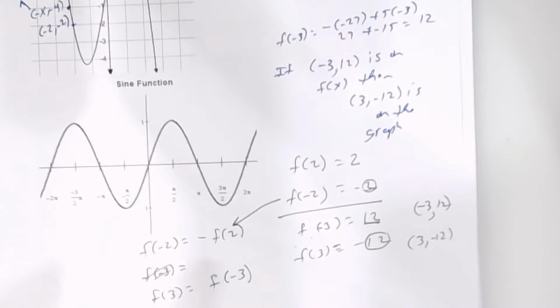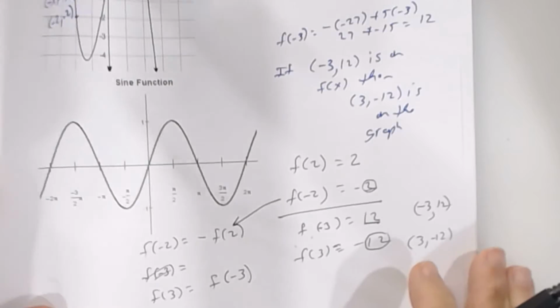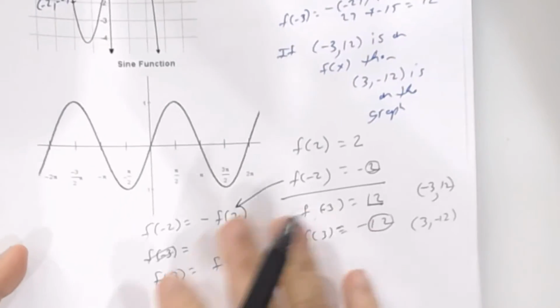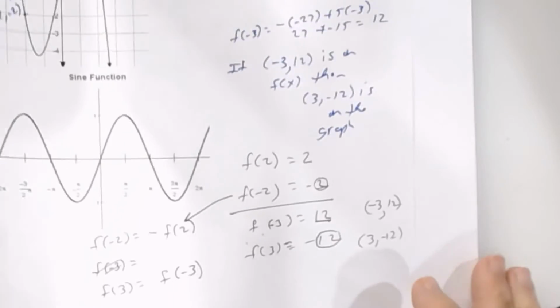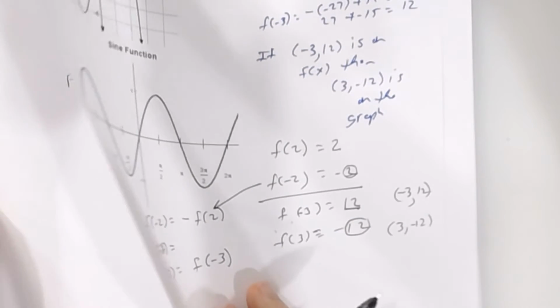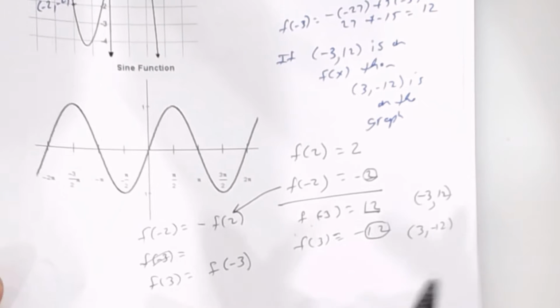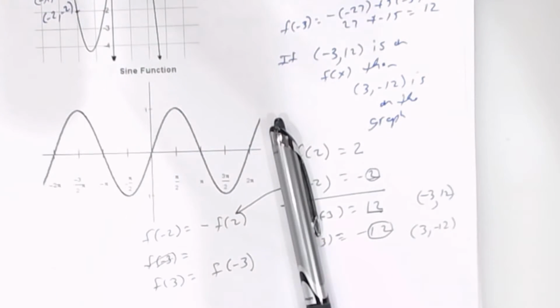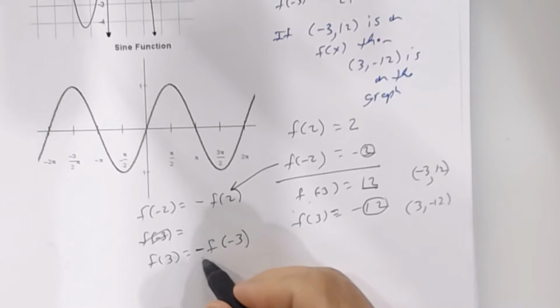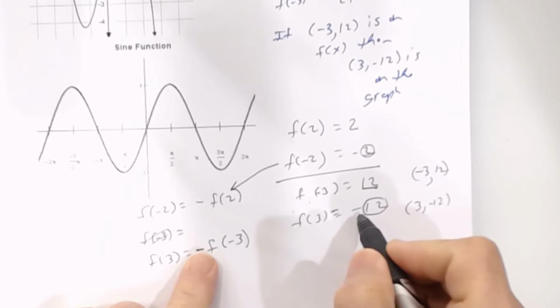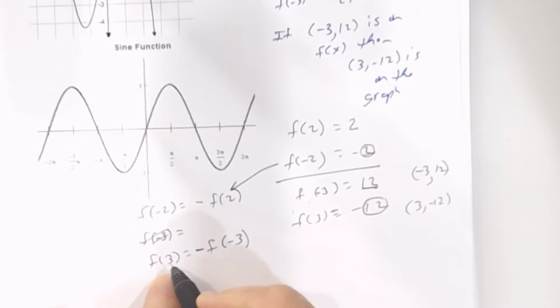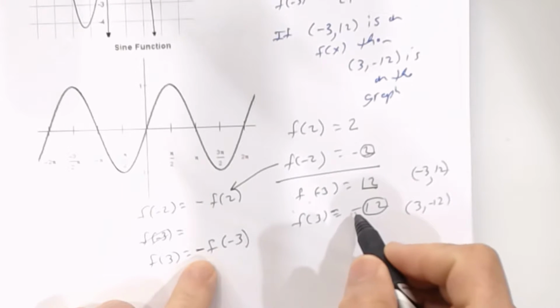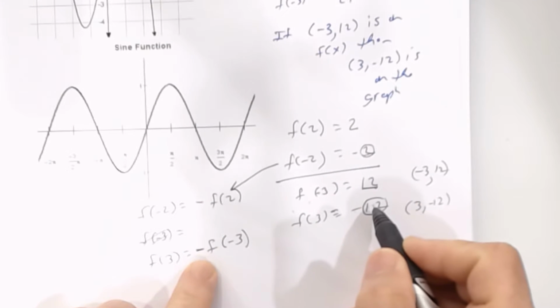All right. Now, listen carefully to this part. The odd one's a little bit more difficult to deal with. Now, I just realized that when I did negative 12 right here, I said f of 3 was negative 12, and I circled that 12.